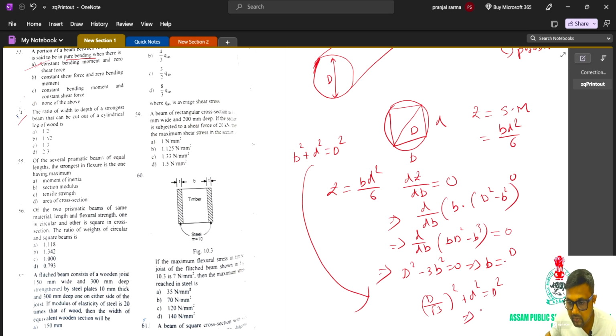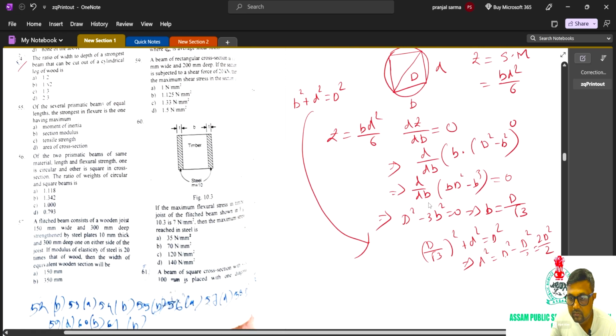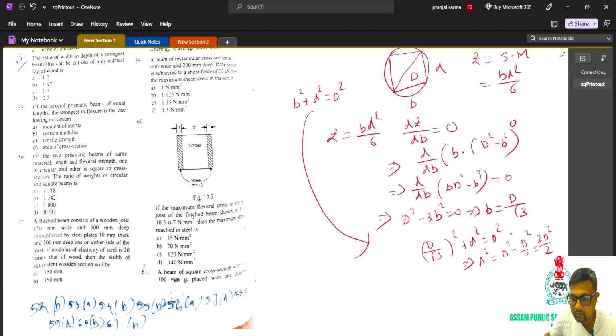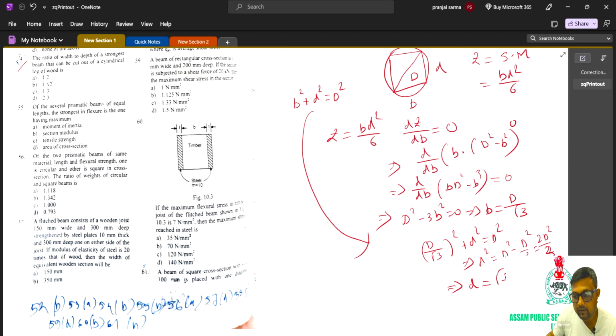So d square is D square minus D square by 3, which is 2 D square by 3. So d is equal to root over 2 by 3 D.